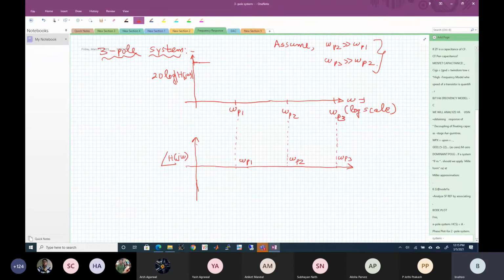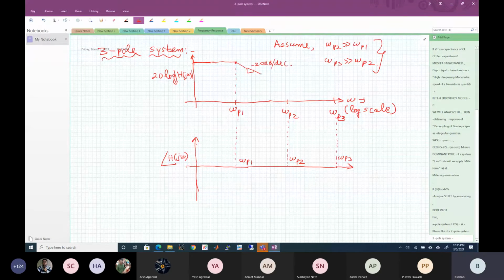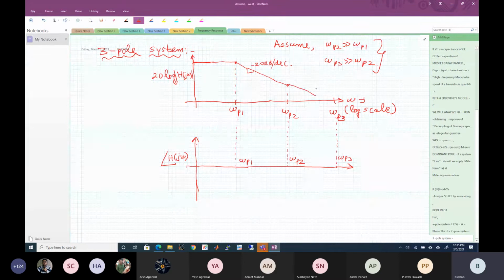Then we found out the pole location. You hit a pole, so it will hit the pole first and start rolling off, and the slope here is going to be minus 20 dB per decade. Then it comes down, hits another pole and starts rolling off. Sorry, I'll draw it in a better way.